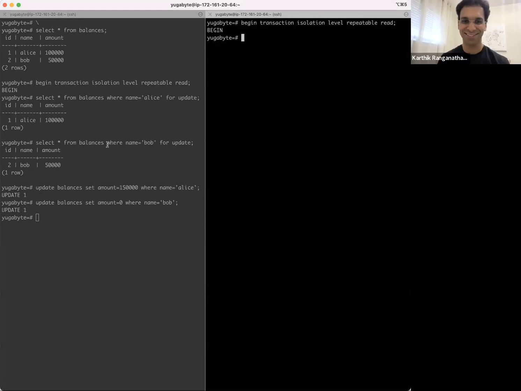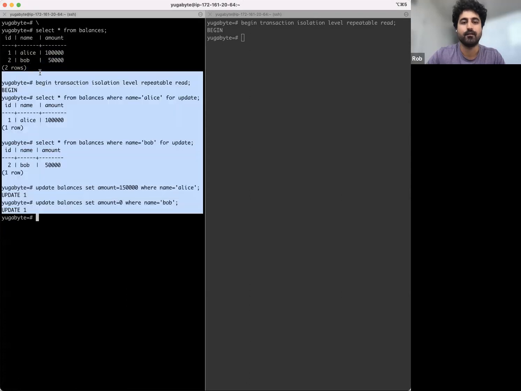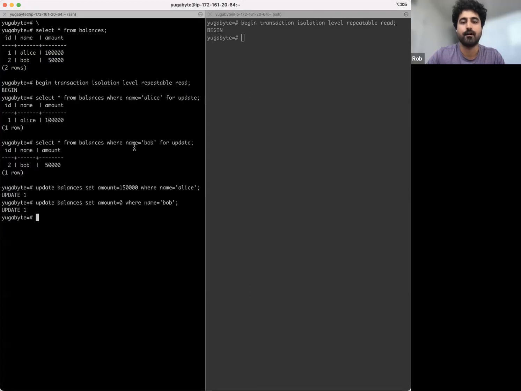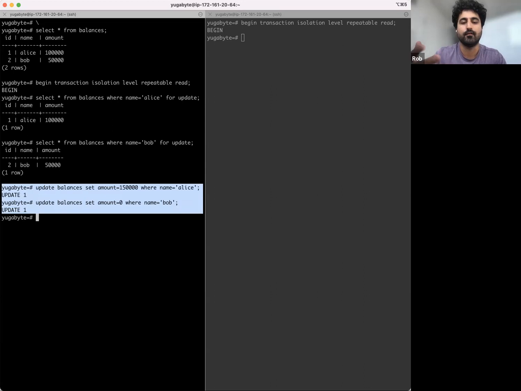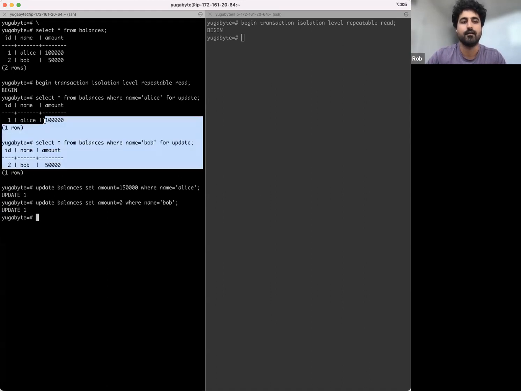No worries. Okay, so yeah, in this session, we have this transaction open where we've read from Alice and Bob, and we've transferred all of Bob's money to Alice. And so in your application code, this 150,000 number would be generated by adding these two numbers up.